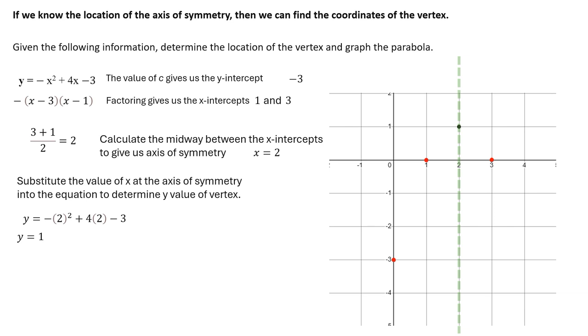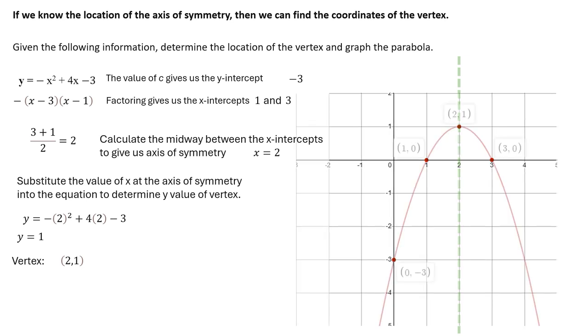When we do that, we end up with a value of 1 for y. So we know that our vertex is 2, 1. And now connecting the various points, we can roughly sketch in our parabola.